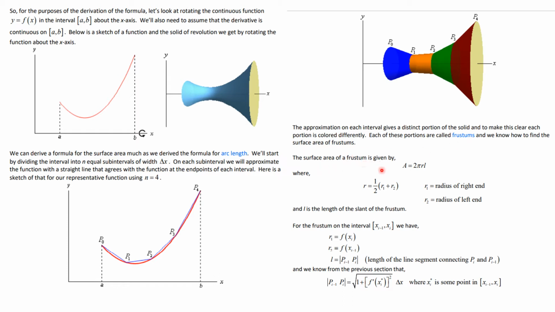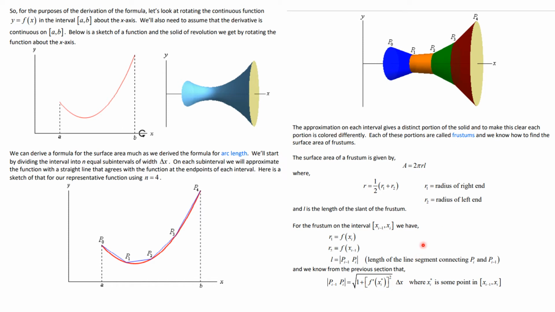Now the surface area of a frustum is given by, and here instead of calling that s, it's called L, and I didn't bother to change that. But R, in this case, is, as it was before, the average of R1 and R2. And L is the length of the side, the slant height.